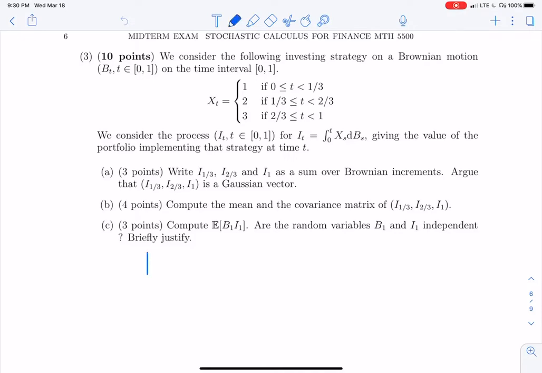Okay, so it's good to actually do a picture here. So this is on 0, 1. So I'm going from 1/3, 2/3, and 1.